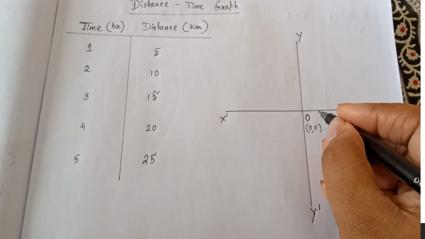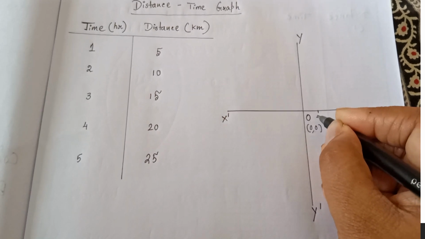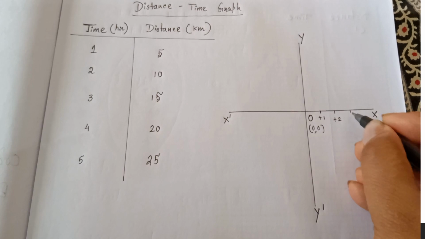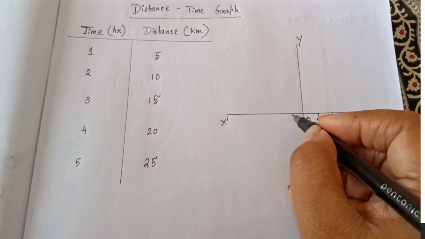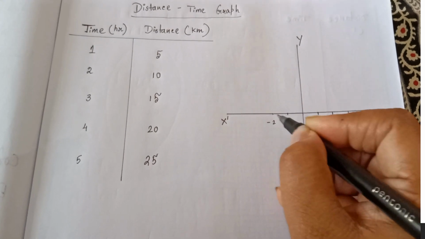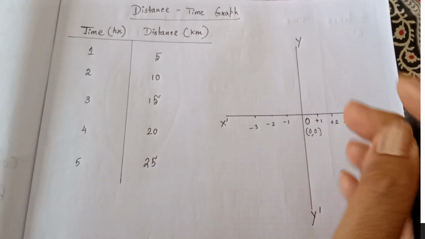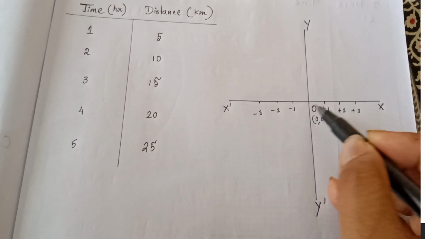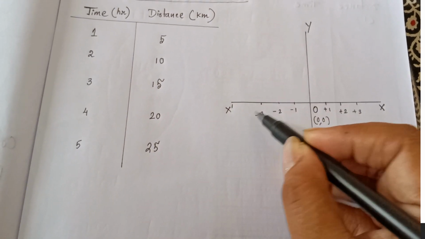If we take an example, suppose this is plus 1, then this is plus 2, plus 3, and so on, and here it is -1, -2, -3 and so on. So on the x-axis this is the positive side and this is the negative side.